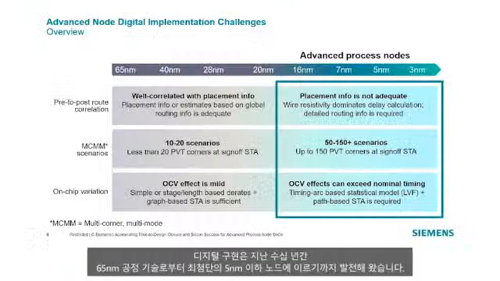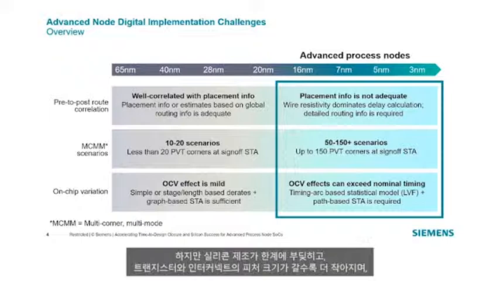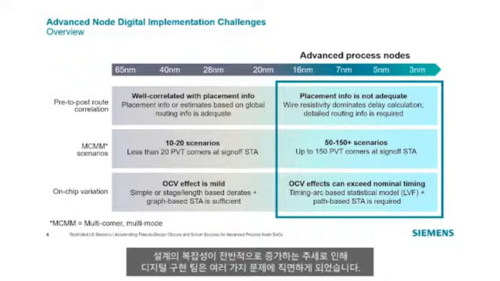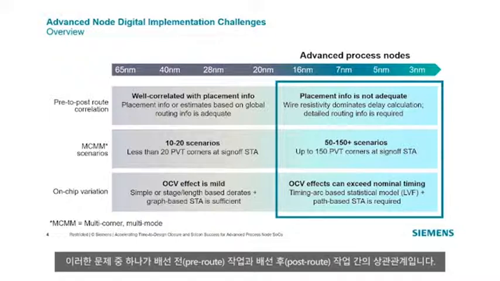Digital implementation has evolved throughout the past couple of decades, from 65 nanometer process technology to the latest cutting-edge 5 nanometer and smaller nodes. Due to silicon manufacturing limits, smaller transistor and interconnect feature sizes, and designs becoming more complex in general, several challenges have emerged for digital implementation teams. One of these challenges is pre-route to post-route correlation.